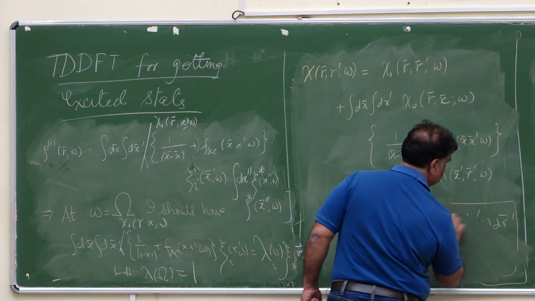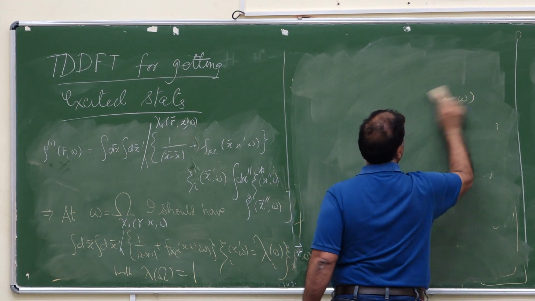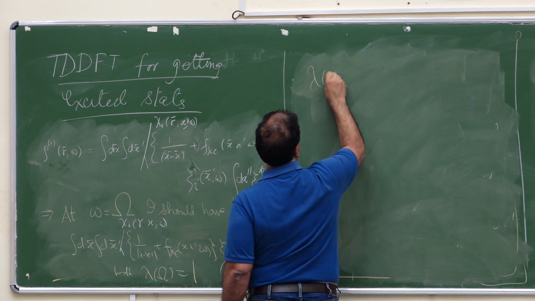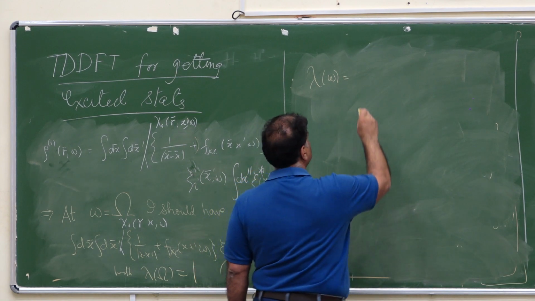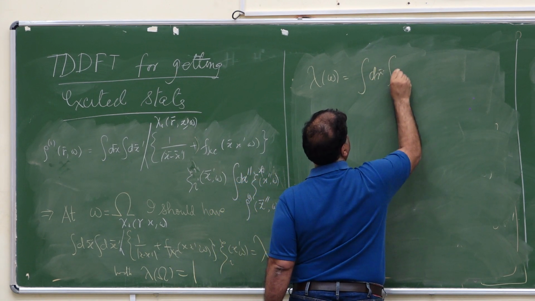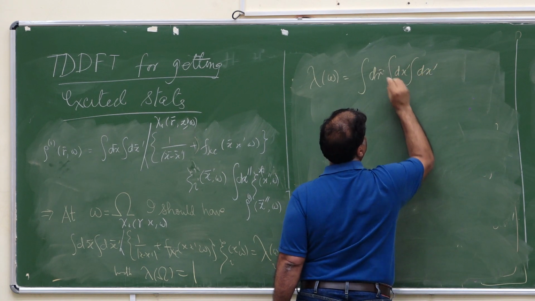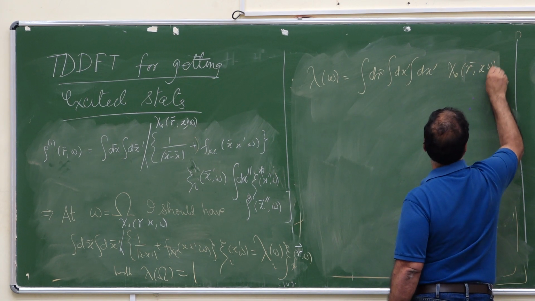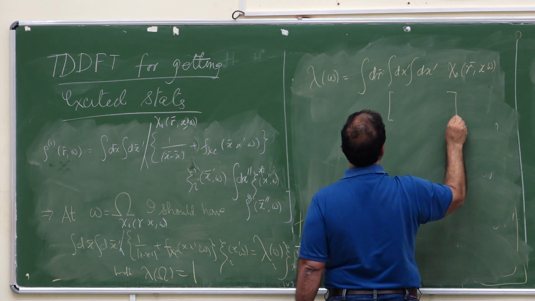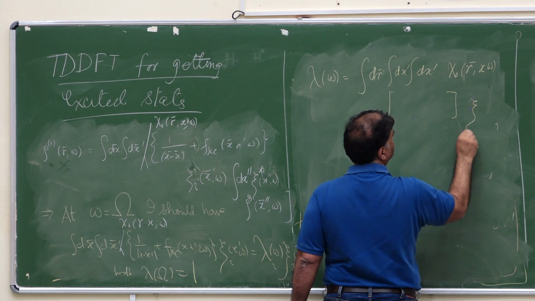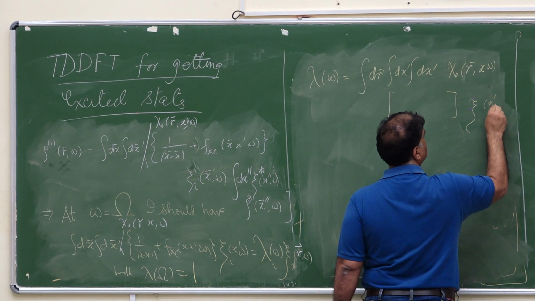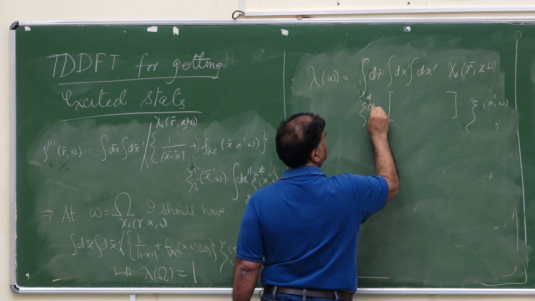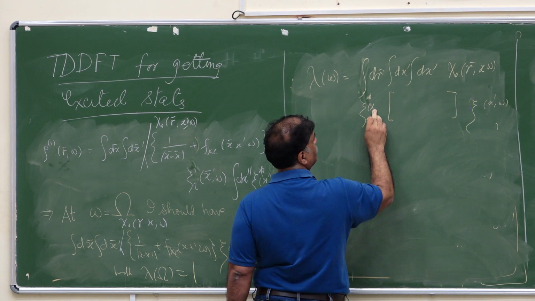Now what I'm going to do is, from here I can write lambda omega equal to integration dr, integration dx, integration dx prime, chi naught r x omega, times zeta x prime omega, and here I can write zeta star r omega.